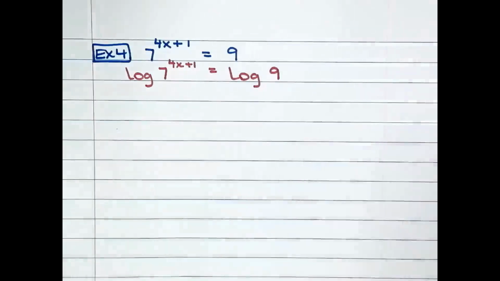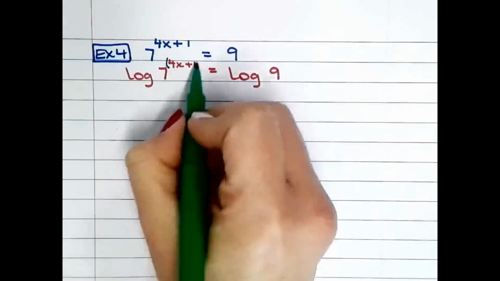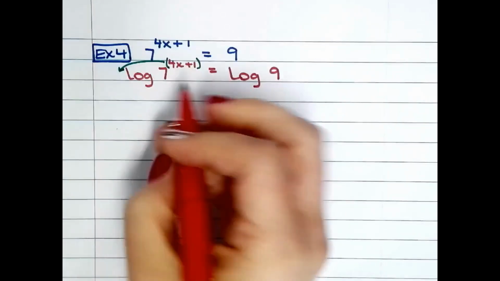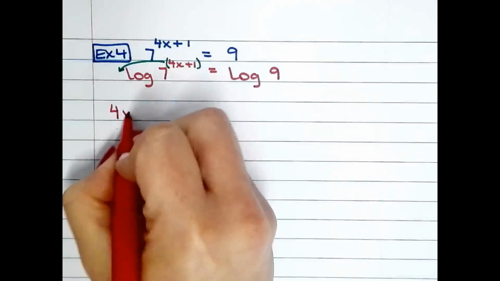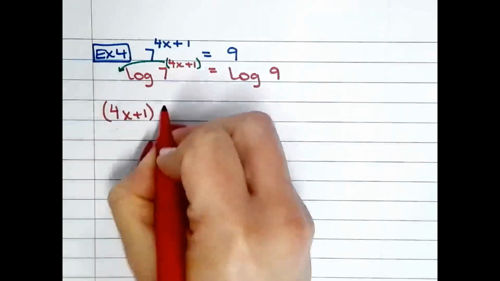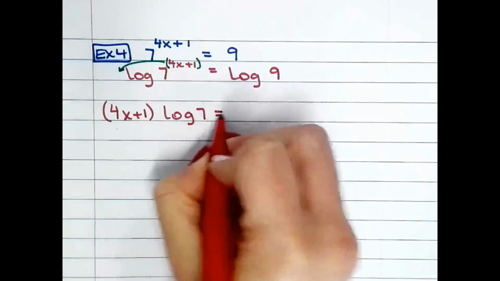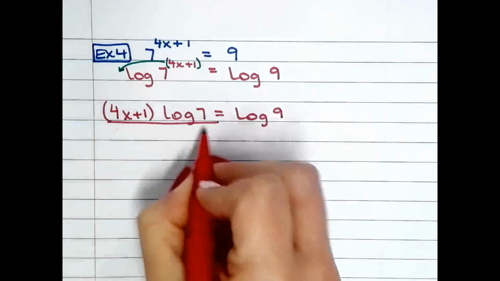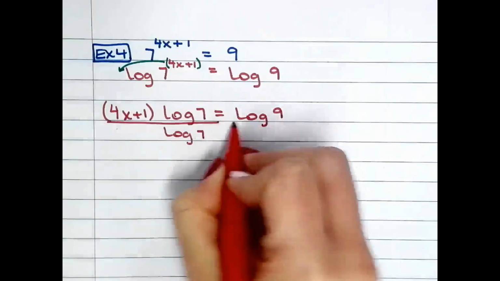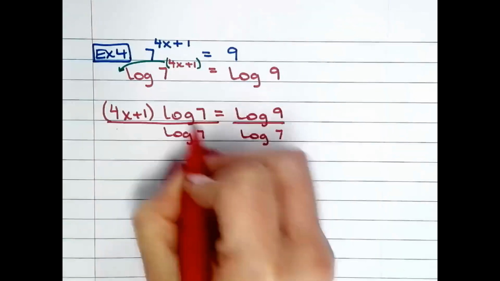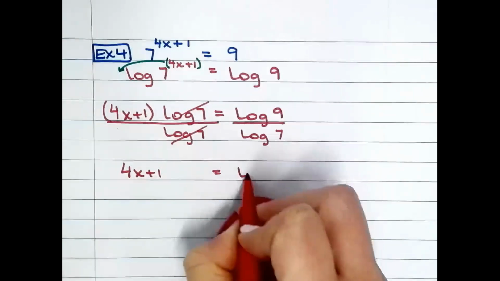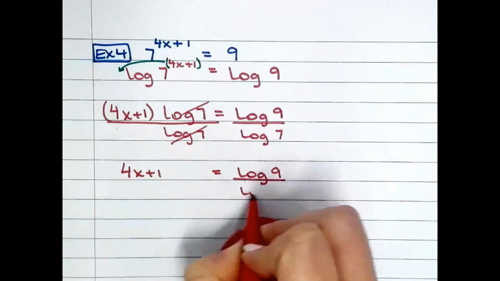Okay? Power property right here, to where the exponent goes in the front multiplying. So I have (4x plus 1) log of 7 equals log of 9. Divide. I have 4x plus 1 equals log of 9 over log of 7.